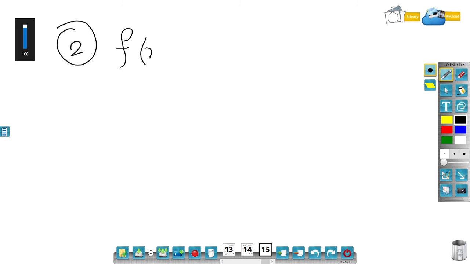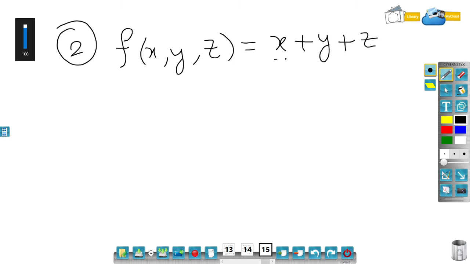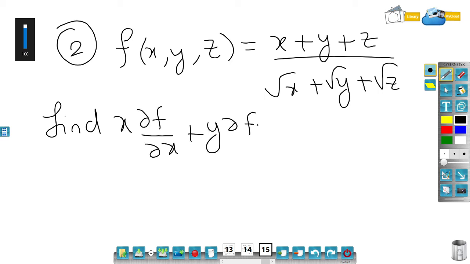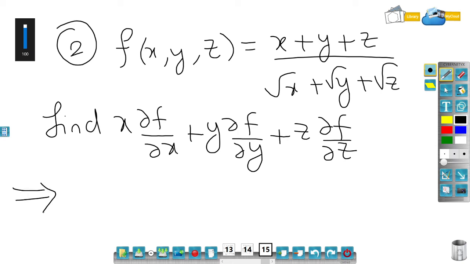f of x comma y comma z is equal to x plus y plus z upon root x plus root y plus root z. The question is find x dou f by dou x plus y dou f by dou y plus z dou f by dou z. Now again this is the left hand side of Euler's theorem. I just need to check whether f is homogeneous or not.